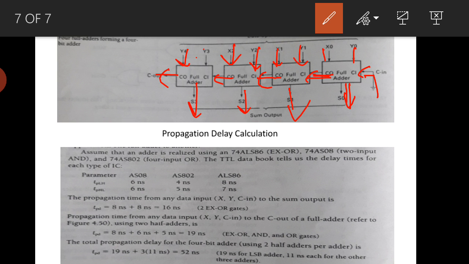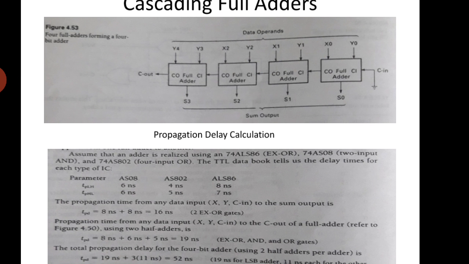Again this output will act as input for the next adder, with 3 inputs and 2 outputs. Again this output acts as input for the third adder, and here 3 inputs and 2 outputs. So this we call the cascaded full adder. One full adder is connected to the other full adder.